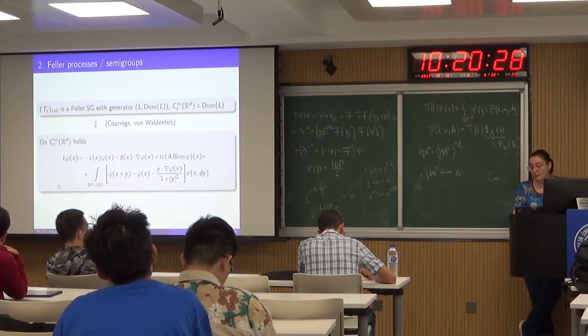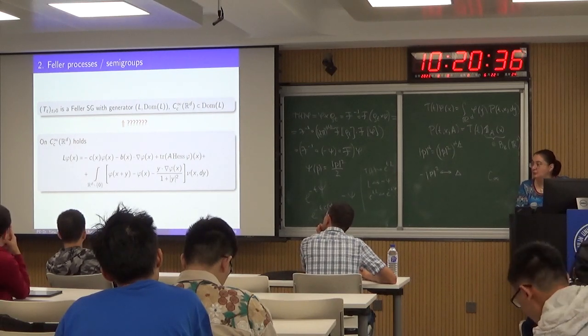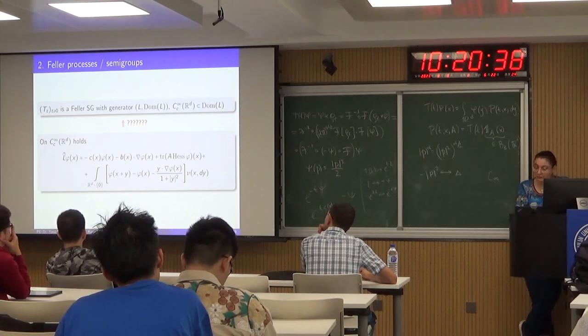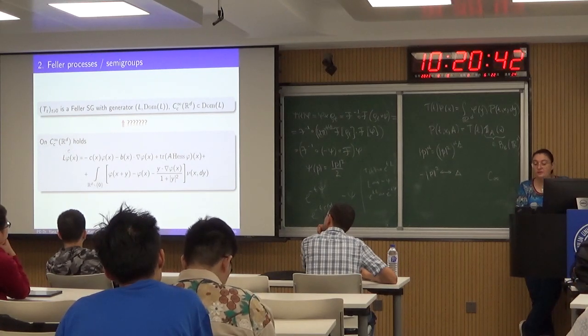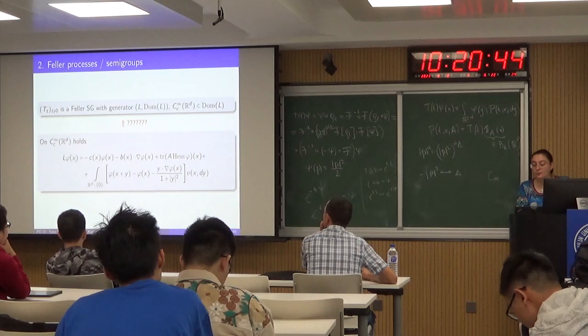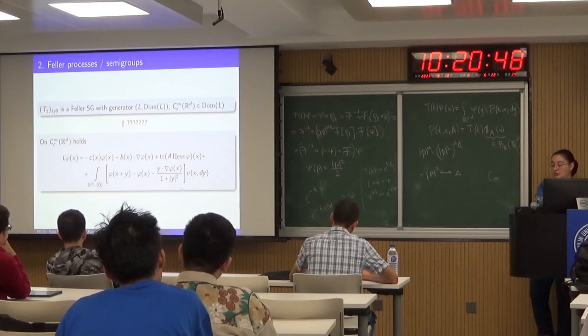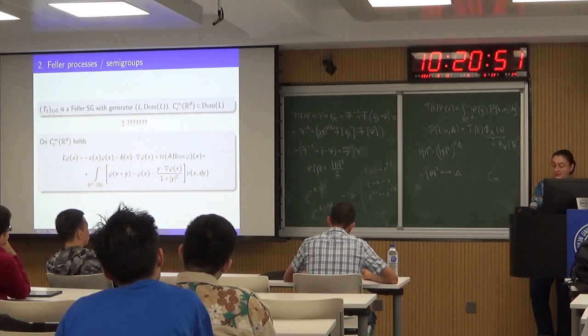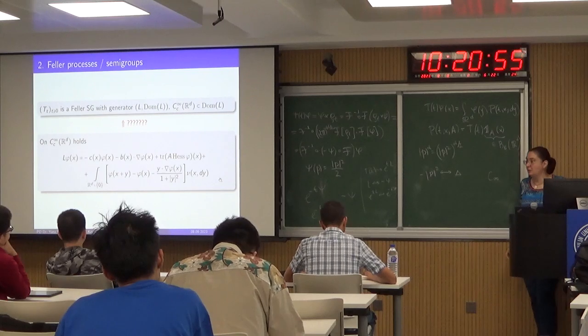If we start from such a type of operator, can we guarantee that it generates a Feller semigroup? If we just take some C, B, A, and mu, create an operator having this form, and ask, is there a Feller semigroup corresponding to this operator?